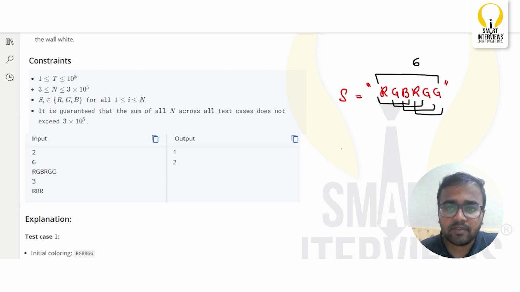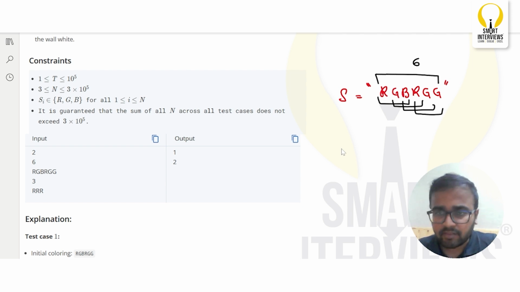Converting to a white wall means we are converting one color to another color, from R to G, G to B, B to R, anything. Since we are matching the count of B and G, let us make G to B. Let's take this G. Can I make this G to B? No. Why?